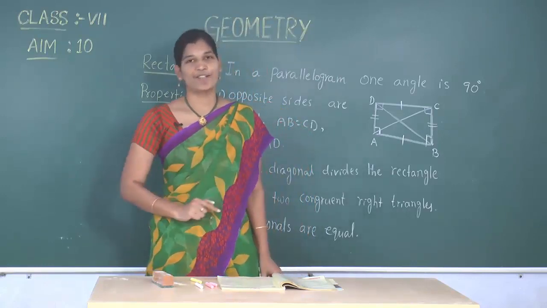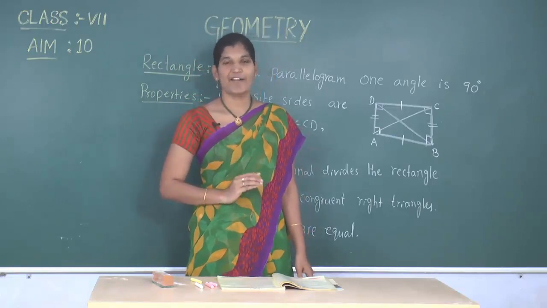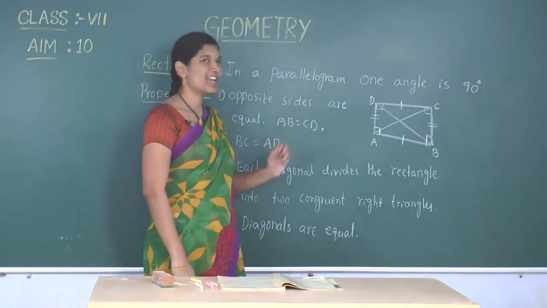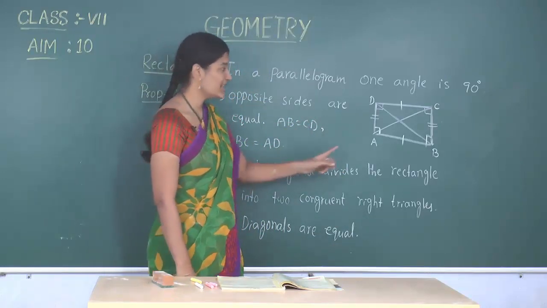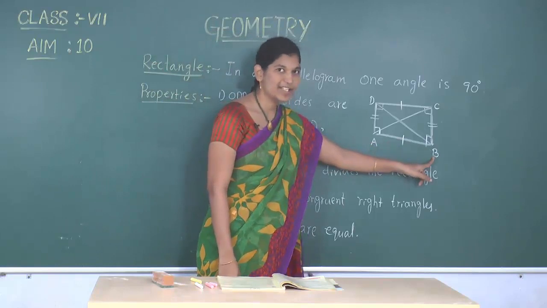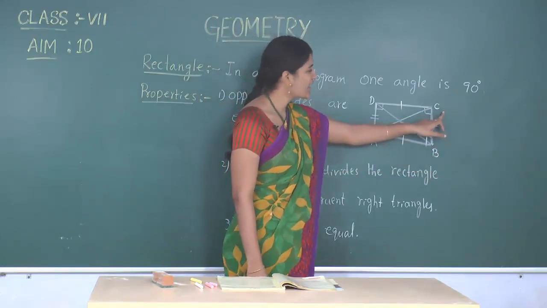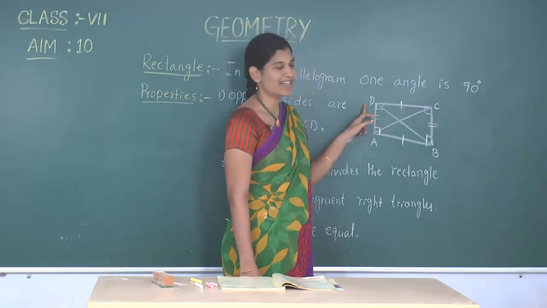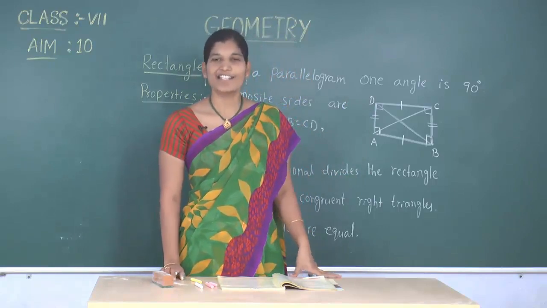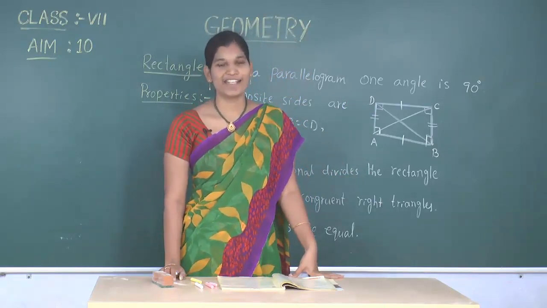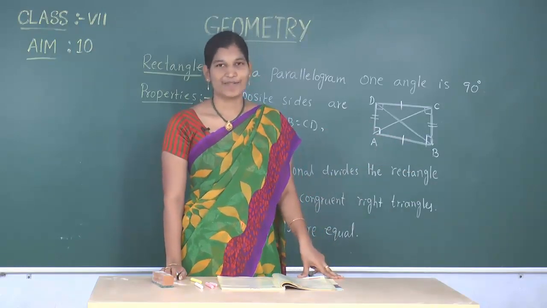In a parallelogram also, the sum of the adjacent angles is 180 degrees, whereas in a rectangle also the sum of the adjacent angles is 180 degrees, which means angle A plus angle B is equal to 180, angle B plus angle C is equal to 180, angle C plus angle D is equal to 180, angle D plus angle A also 180. This is also one of the important properties in a rectangle as well as in a parallelogram.